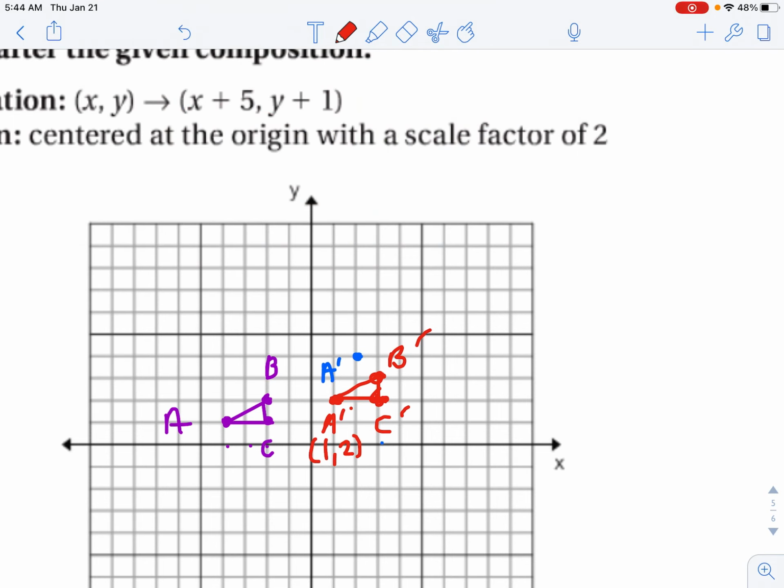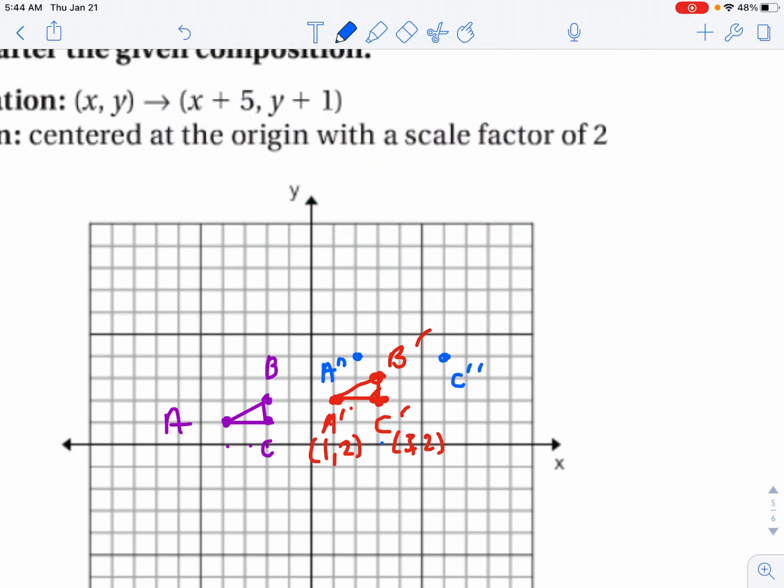C was at 1, 2, 3. 1, 2. At 3, 2. So C prime will be at 6, 4. Double prime. This should be double prime. And then B is at 3, 3.